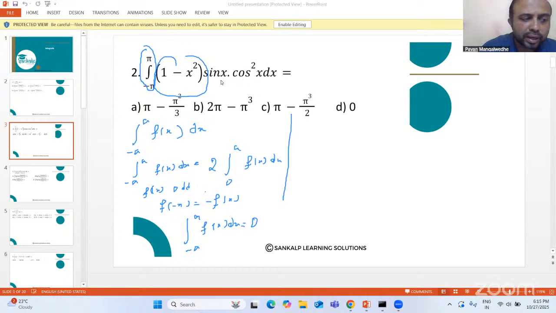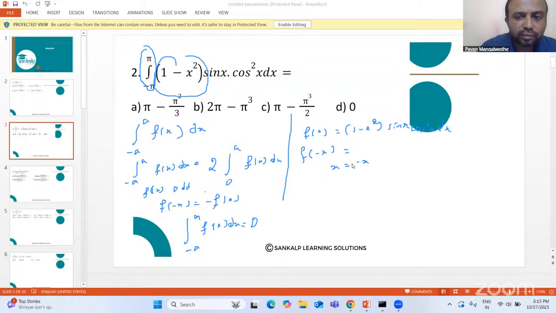Here you can treat f of x as (1 minus x square) sin x cos square x. Using this, find f of minus x: substitute wherever x is there as minus x.